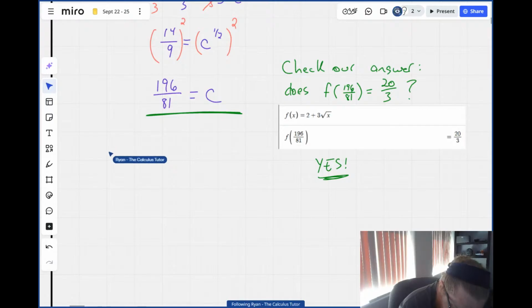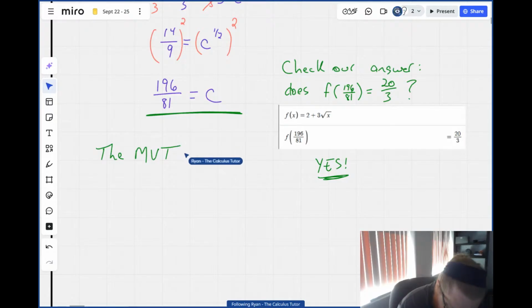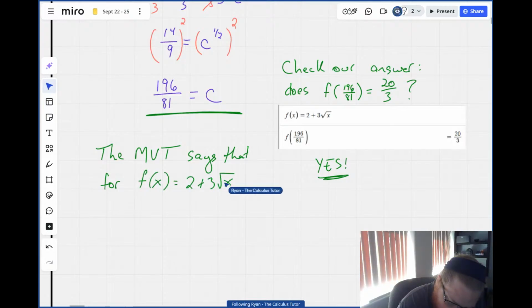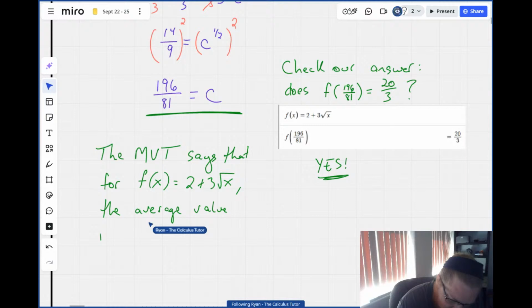So we can say the Mean Value Theorem, MVT, that's totally fine, says that for f of x equals 2 plus 3 root x, the average value is found at x equals 196 over 81.